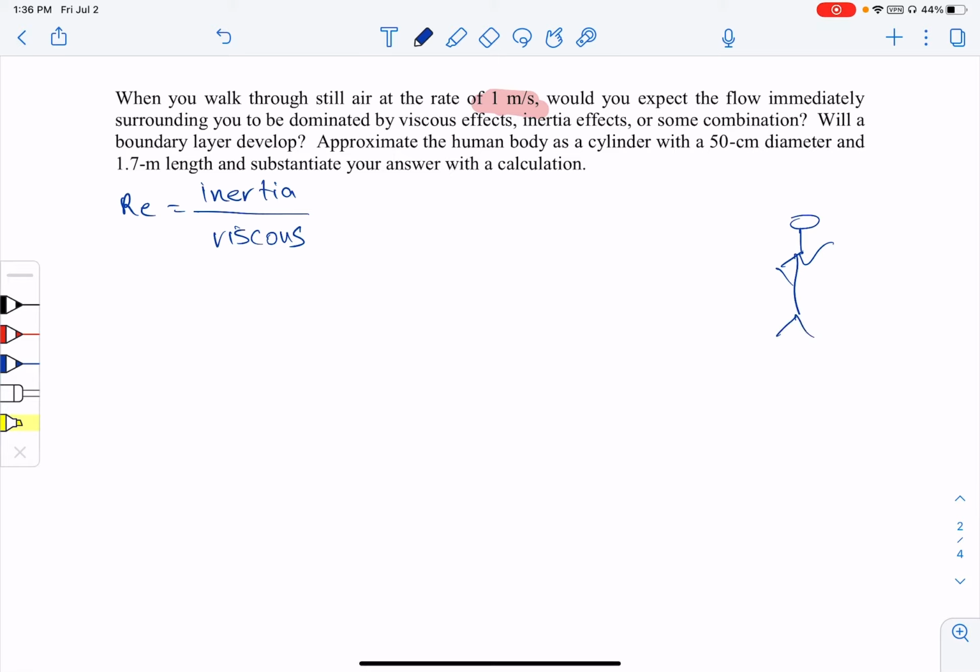And it said to just approximate the body of the person as a cylinder with a 50 centimeter diameter, right?